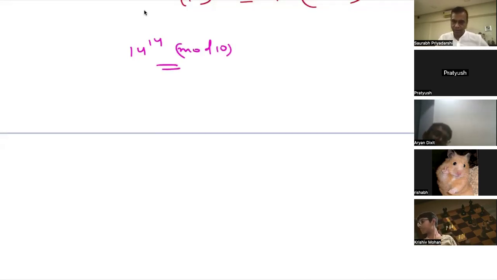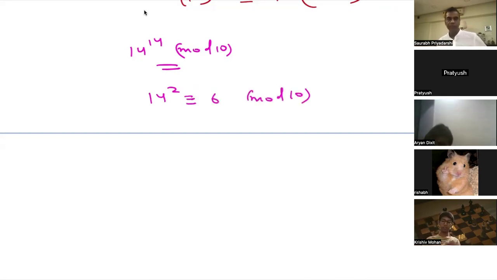Okay, everyone? So 14 square, when I'm dividing this by 10, I'm getting 6 mod 10. And 14 to the power 14 will be 6 to the power 7, na? 6 to the power 7 is congruent to 6 mod 10, obviously always 6 mod 10.